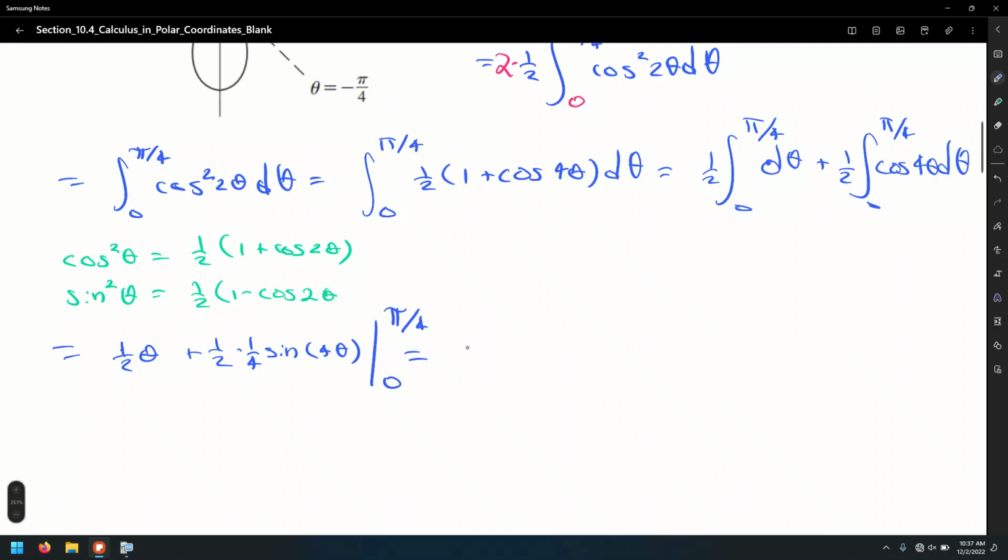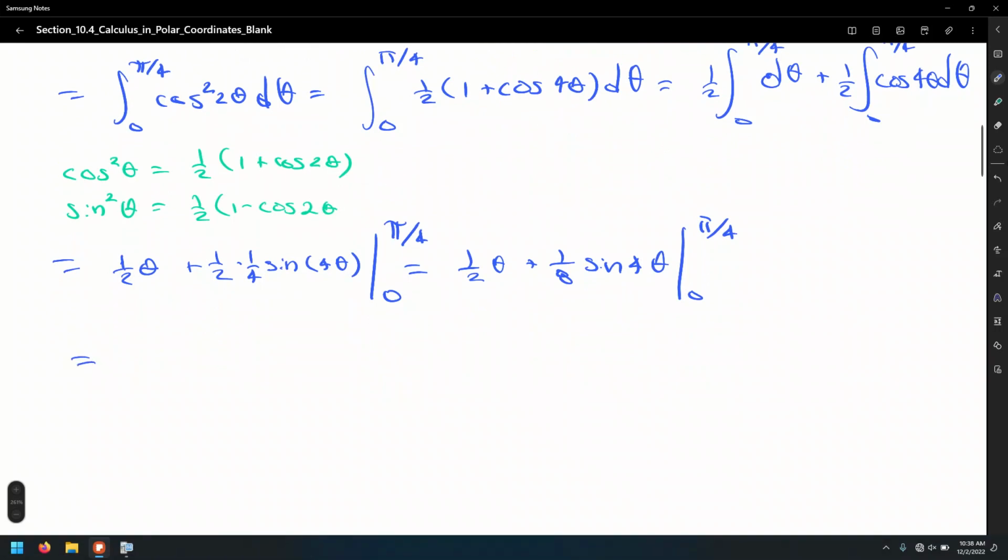Simplifying all this, that's 1/2 theta plus 1/8 sine 4 theta, all evaluated between 0 and pi over 4. And we have the integral essentially simplified. Let's just use the fundamental theorem.